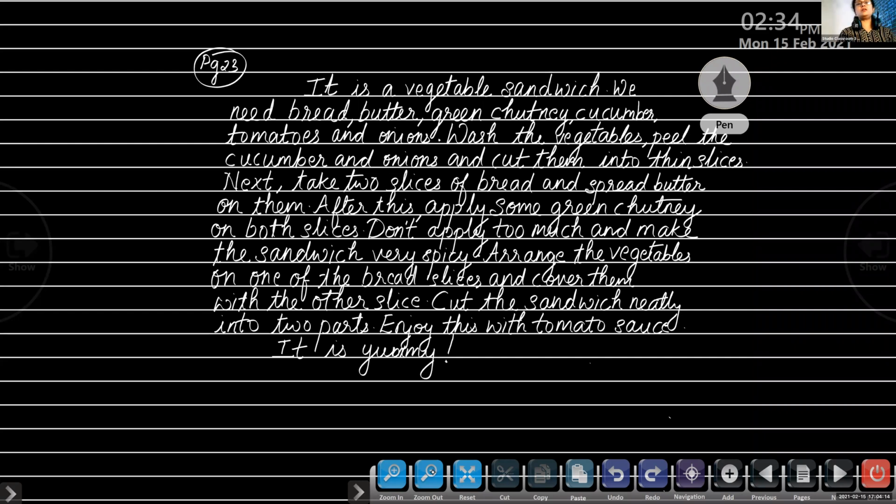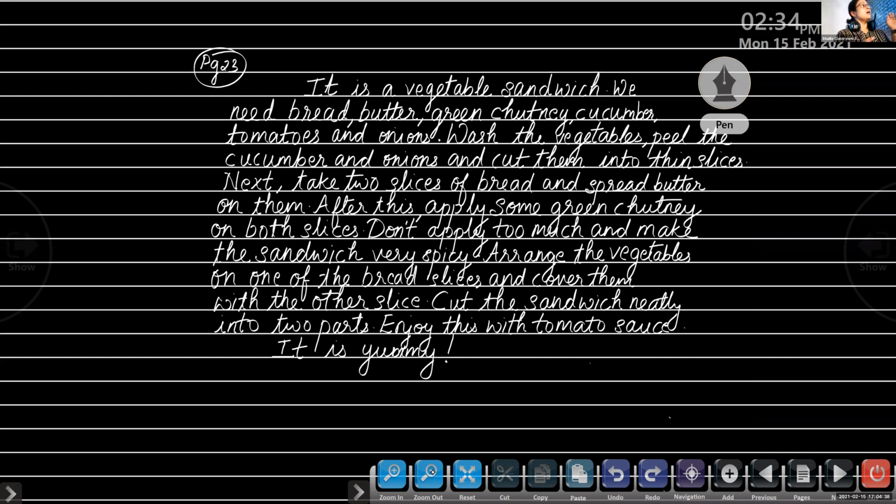See, if you're confident enough to write your own recipe like this, if you want to add a few more sentences of your own choice, suppose you want to use some other vegetables instead of cucumber, spinach or lettuce or cabbage, you can add that. It's up to you. I just gave you a sample. You can make changes in that.